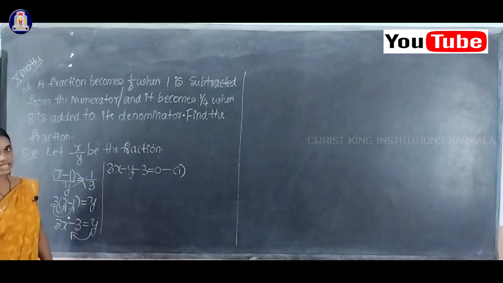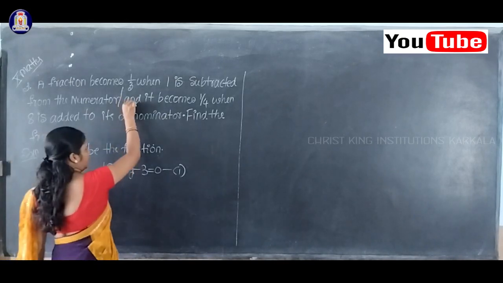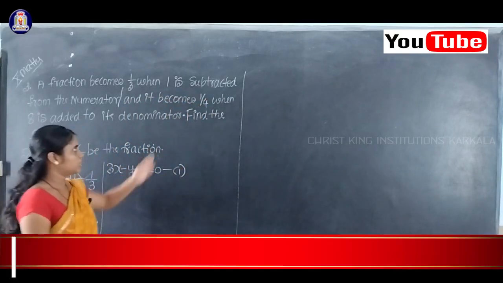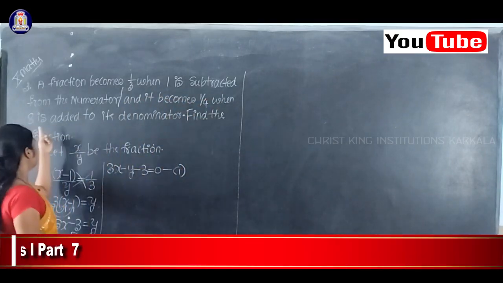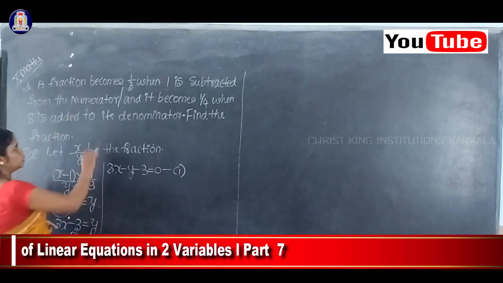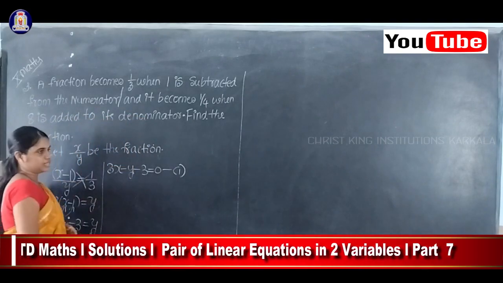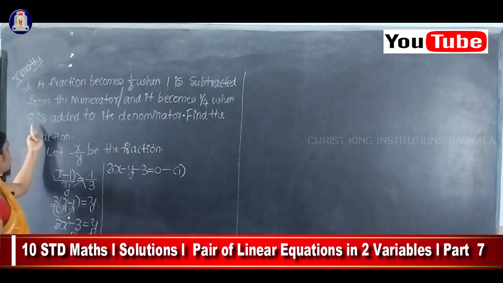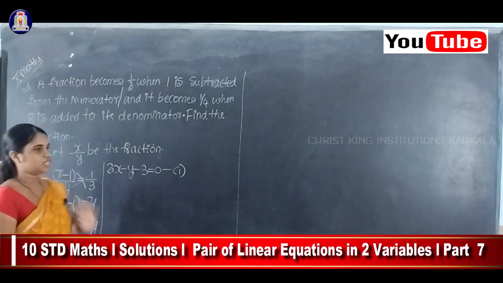Now we'll see the second condition: it becomes 1 by 4, which means your fraction will become 1 by 4 when 8 is added to its denominator. In the second case, you have to add only 8 to the denominator.